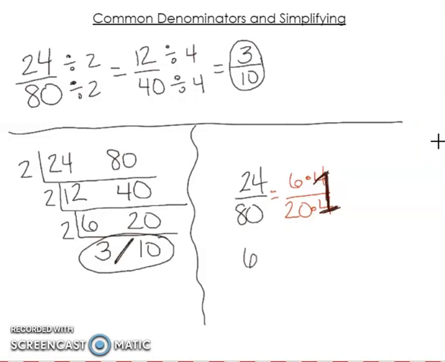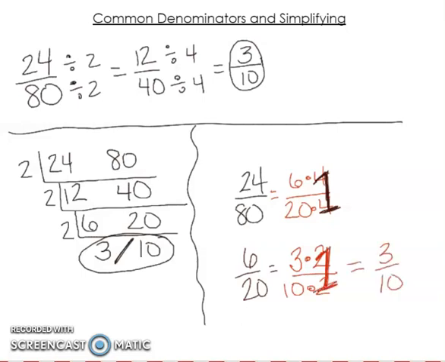So I'm left with 6 over 20. And then I'm going to think, okay, what 2 factors make 6? So 3 times 2. Again, using one of those numbers in the top, what can I think of that would make 20? Well, 2 times 10. 2 over 2 is going to reduce to 1, and so I'm left with 3 over 10.